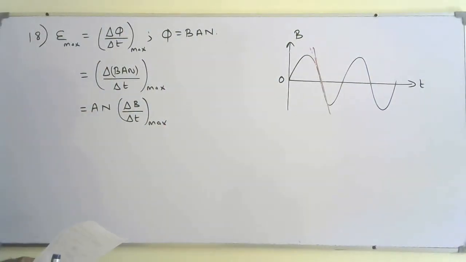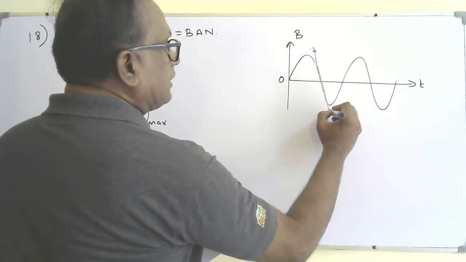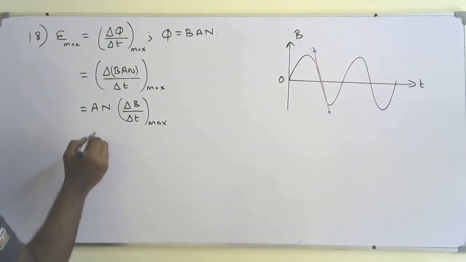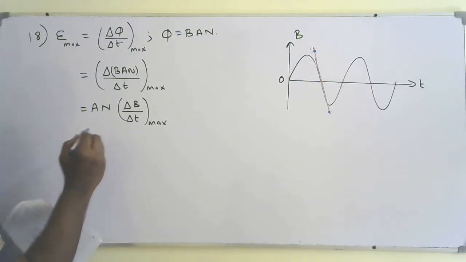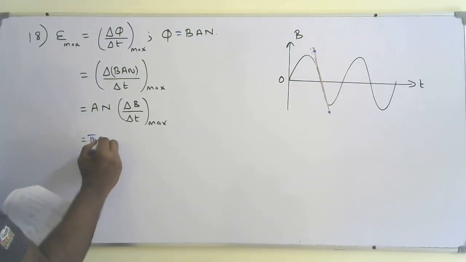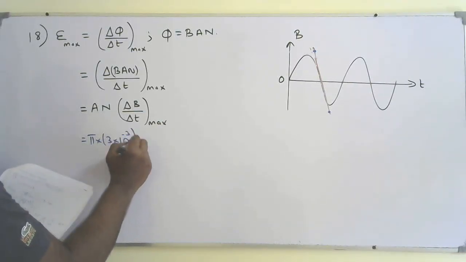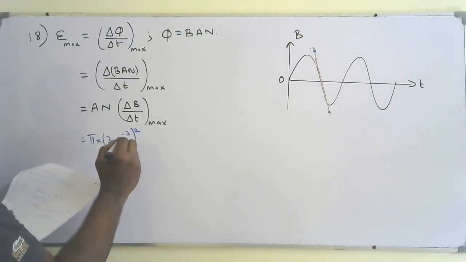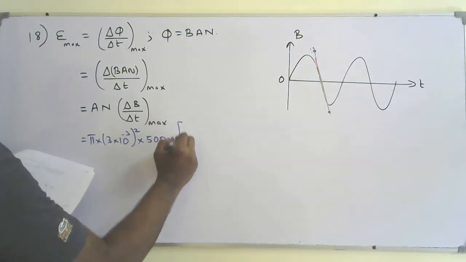Now I'm going to substitute. I'm going to find the gradient, taking two clear points on the tangent you drew. So A is pi r squared, pi times (3 × 10^-3) all squared, times the number of turns 500, times the maximum gradient.